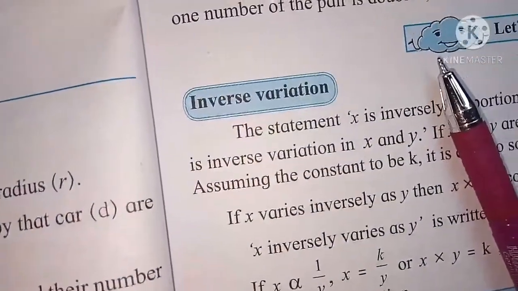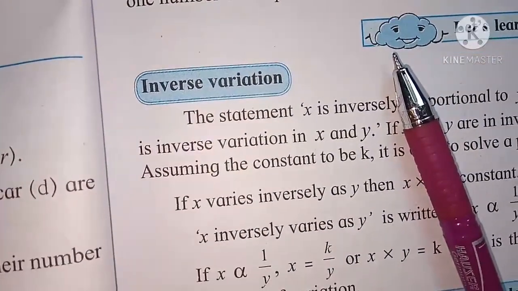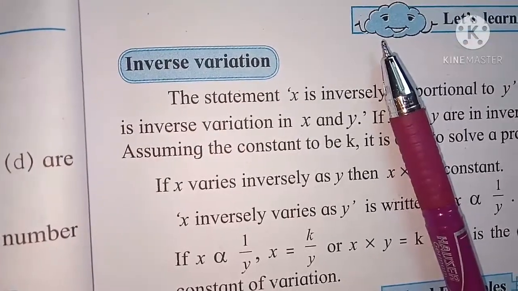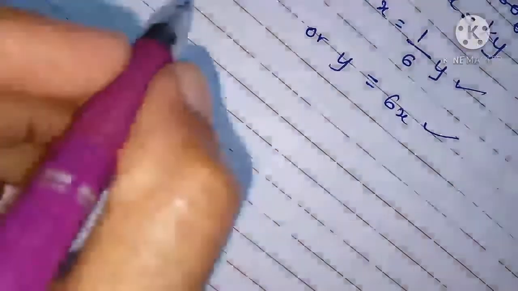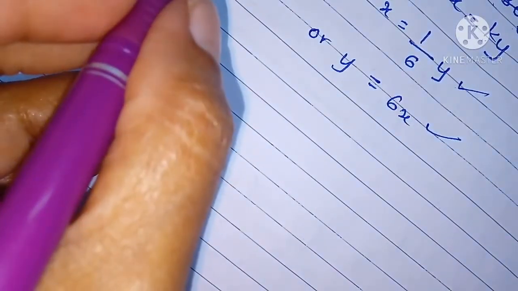Now let's see how to find the answer to this question. Here, let the cost of groundnuts be x and the weight of groundnuts be y.